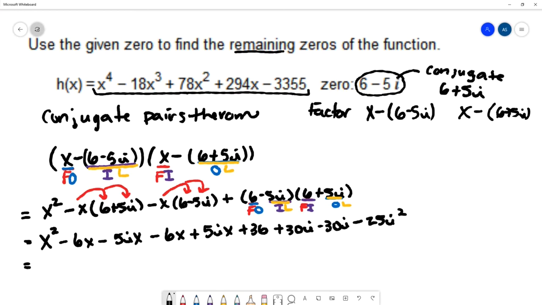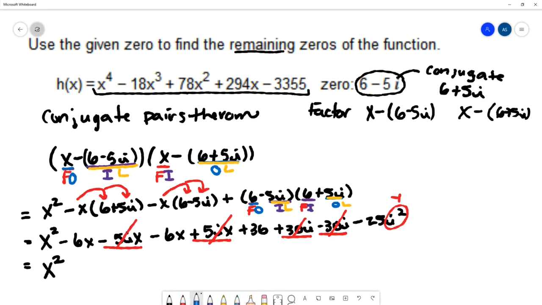So we have some more canceling and simplifying to do. For canceling, I have a negative 5ix and a positive 5ix. Those cancel. I have a positive 30i and a negative 30i. Those guys cancel. I know that i squared is the same thing as negative 1. So I'm going to be able to write this as x squared.